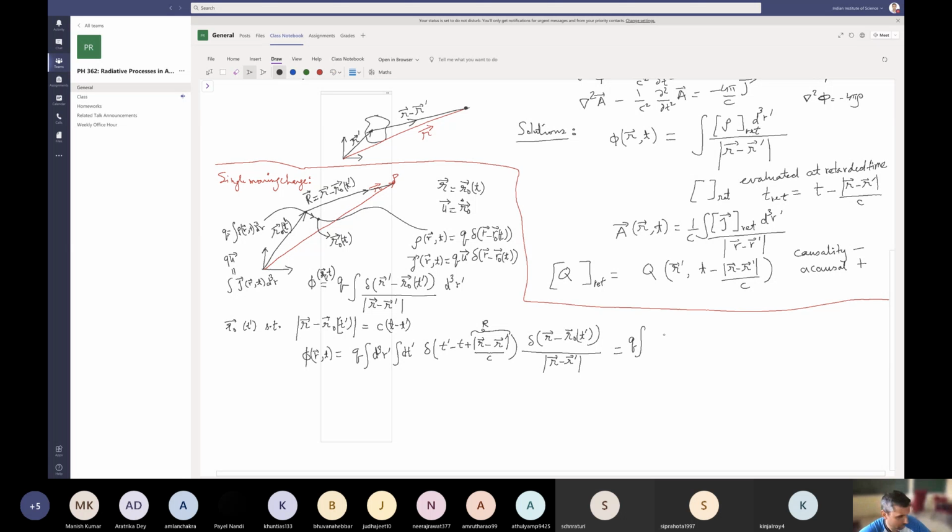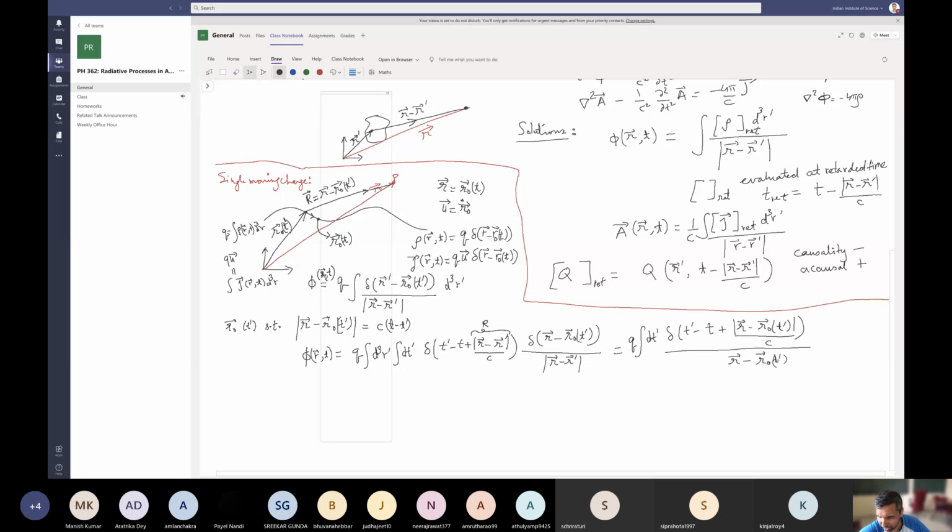So this is Q dt prime delta t prime minus t plus |R minus r naught t prime| by c, divided by |R minus r naught t prime|.